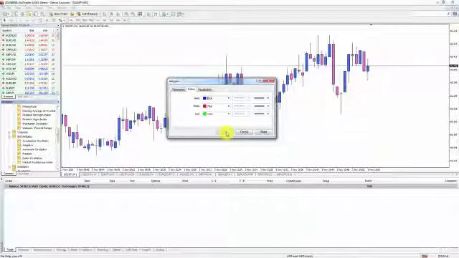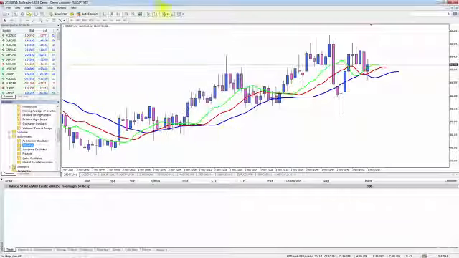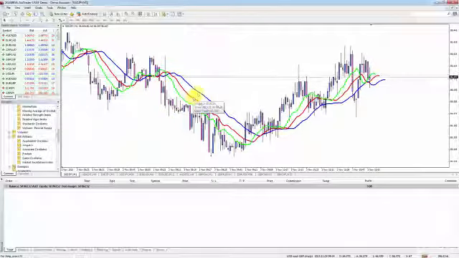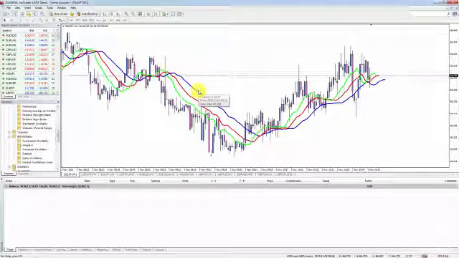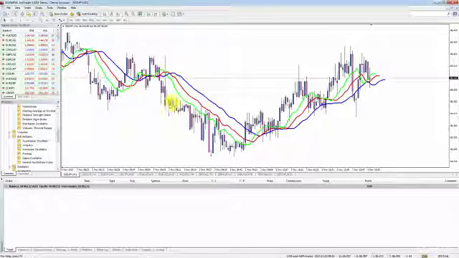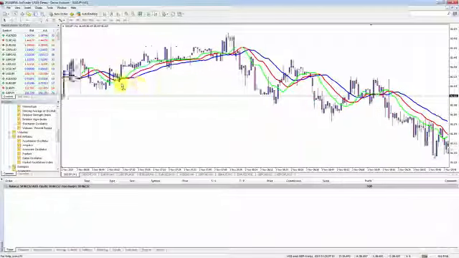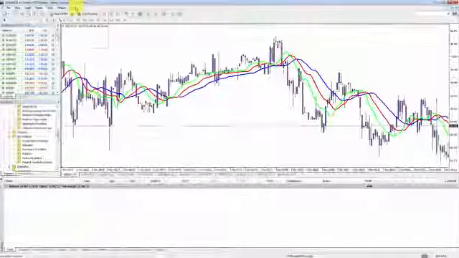Let's go ahead and click OK. So there we go. That's the indicator. And what you see here is that's the lips, that's the teeth, and that's the jaws of the alligator. In order to explain it in a bit more detail, I'll bring up the help for the alligator. So F1, a good way to practice with the help.